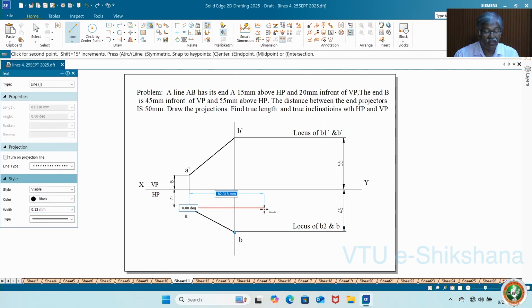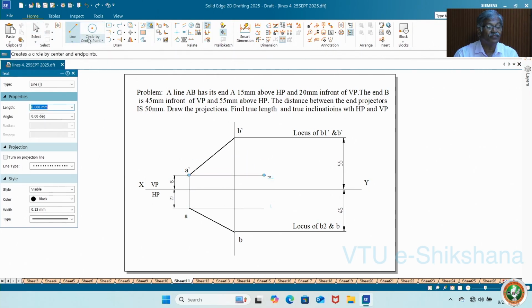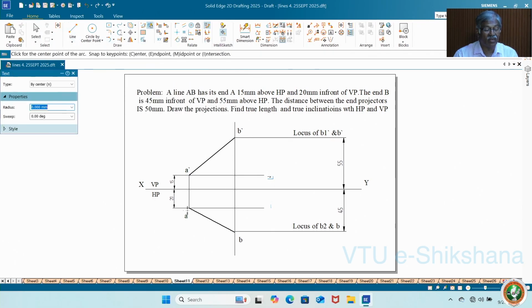See, draw locus of fixed end. Rotate this using the arc by center point, make it parallel and rotate. This is what here we are anticipating, B2 dash, B1 dash, this is B1. Okay, let me change the position of B. Let me take this.